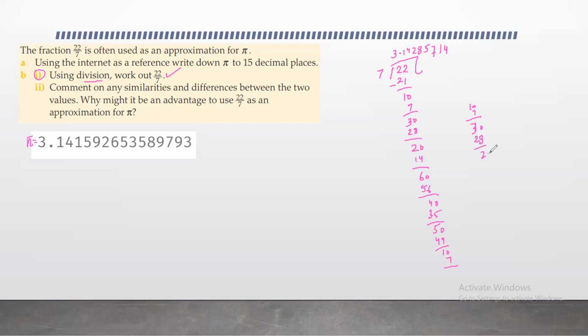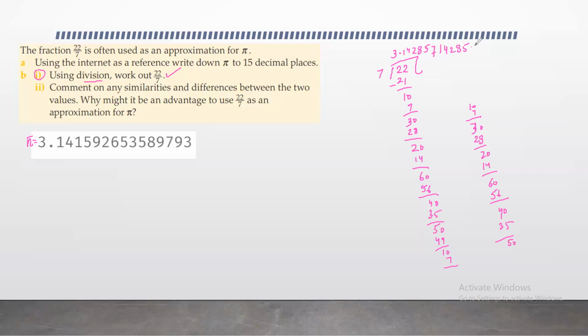Continuing, 10 minus 7 is 3, put 0, so 7 fours are 28. We have 2 left, put 0. 7 twos are 14. 6 left, so 7 eights are 56. And we have 4 left, so 7 fives are 35. I hope you can see that if we go one more step, 40 minus 35 gives me 5.